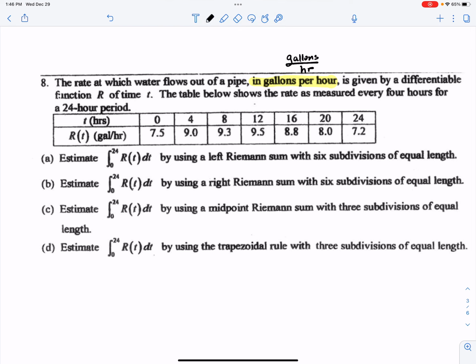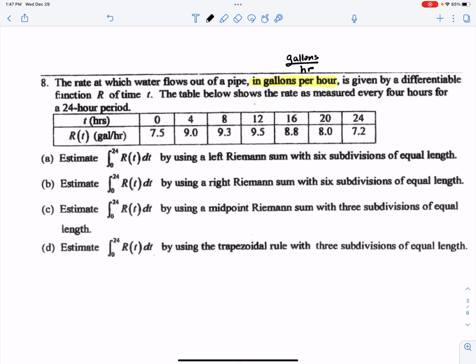The table below shows the rate as measured every 4 hours for a 24-hour period. Okay, so Parts A, B, and C all estimate the definite integral from 0 to 24, but they have different subdivisions. Part A says, using a left Riemann sum with 6 subdivisions.